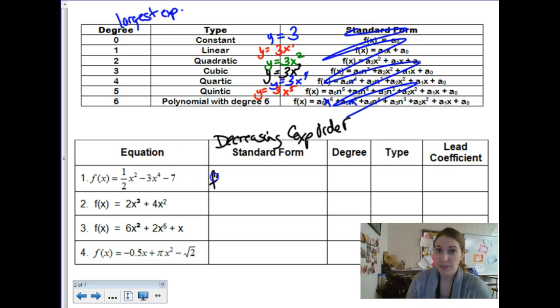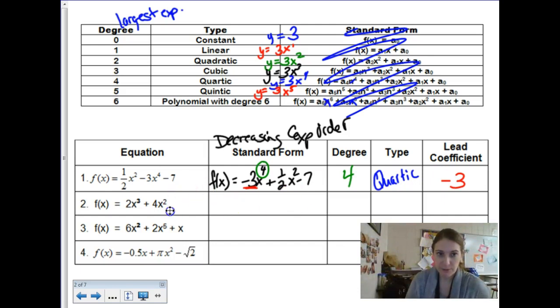In order for this to be written in standard form, we'd have to rearrange it so the negative 3x to the fourth term was first, and then we have the plus 1/2 x squared minus 7. So the degree, remember, is the largest exponent, so this is a degree 4. The type is, because it's a degree 4, we call that a quartic. And the lead coefficient is the number that's in front of your lead term when it's written in standard form. So in this particular case, it's a negative 3.